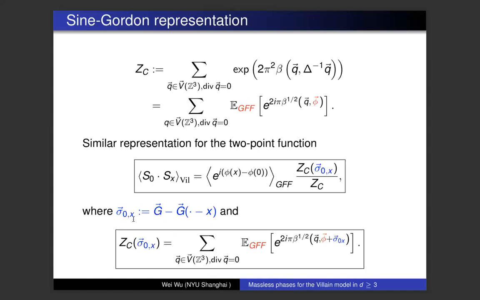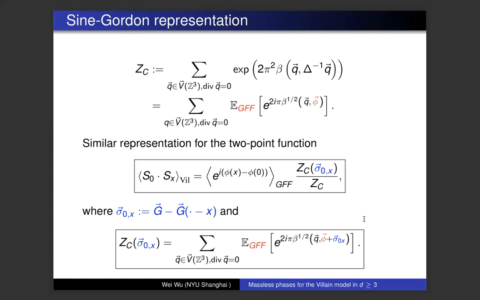This is the sigma 0x function, which is the difference of the Green's function, and in all of these representations, this sigma 0x is going to appear in your expectation.